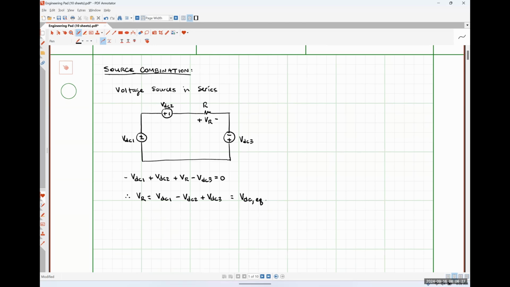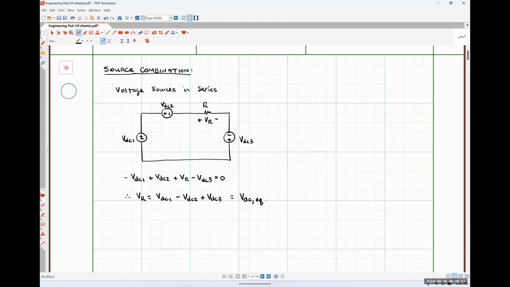Now, I want you to notice that voltage sources that have the same polarity were added together. So that's VDC1 and VDC3. And the voltage source that was the opposite polarity was subtracted from that combination. Now, when I'm looking at polarities for voltage sources, what I'm really doing is effectively imagining a current flowing around this loop, either clockwise or counterclockwise.